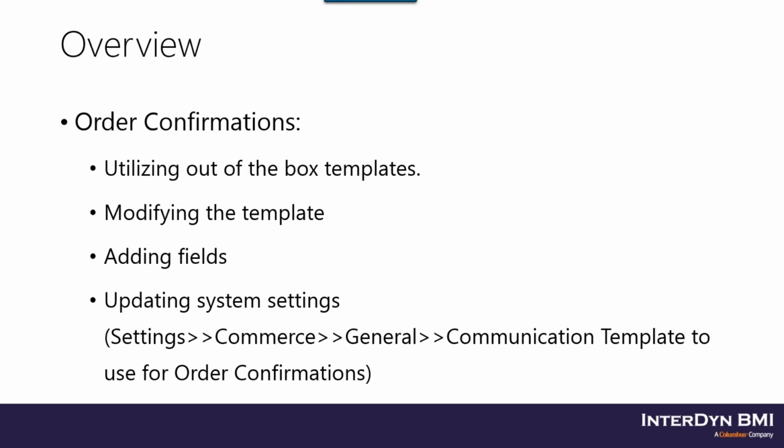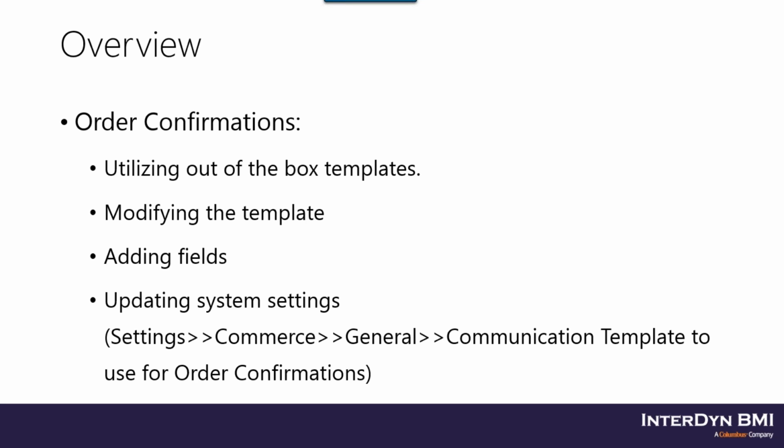In talking about order confirmation, one of the nice things that is true across the board in iMIS 20 is that you can use a lot of out-of-the-box templates. They have templates that are included with the software, so it's great. You can grab those, modify them, make them your own. You can add fields, you can add logos, you can do things like that on these order confirmations.